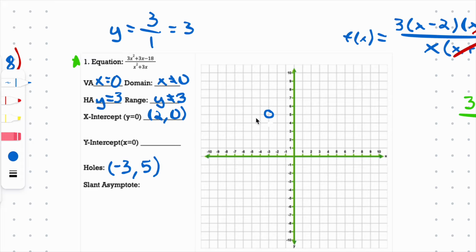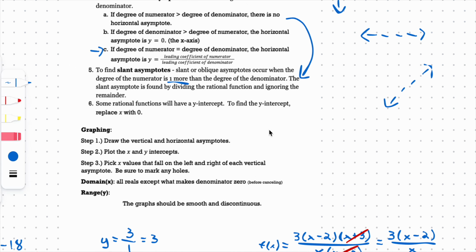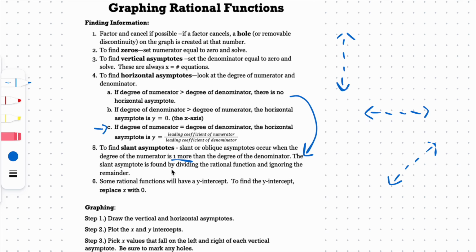Perfect. Now we've dealt with our vertical and horizontal asymptotes. Our degrees for our numerator and denominator are the same. The degree of the numerator is not one more than the denominator. So we know there isn't a slant asymptote.